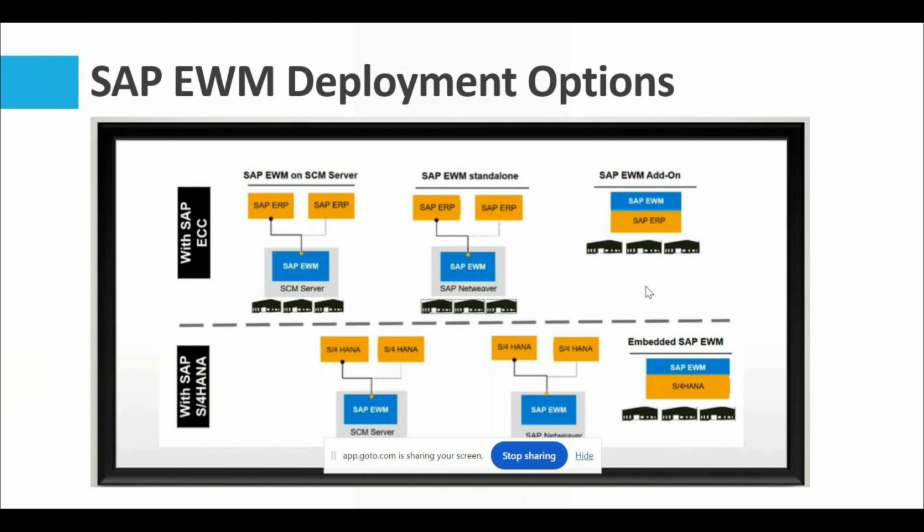In that situation, SAP has already provided some standard BAdIs, with the help of which you can enhance the data being sent from ECC to EWM. I will cover that in detail when we do a BAdI session. But this is what I wanted to explain before we move to the technical overview session of SAP EWM objects. So the main thing is the decentralized and the embedded landscape.